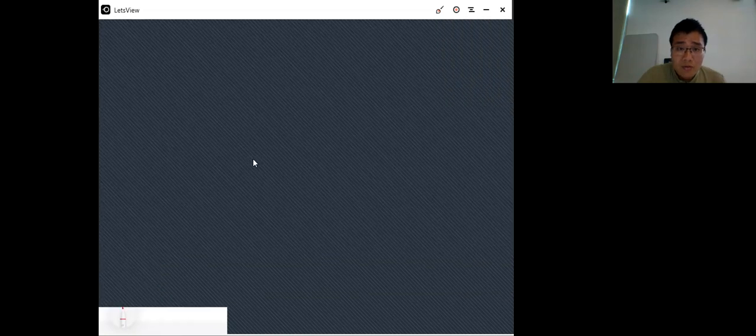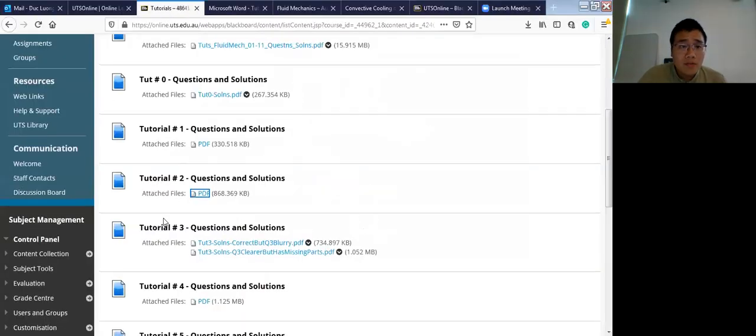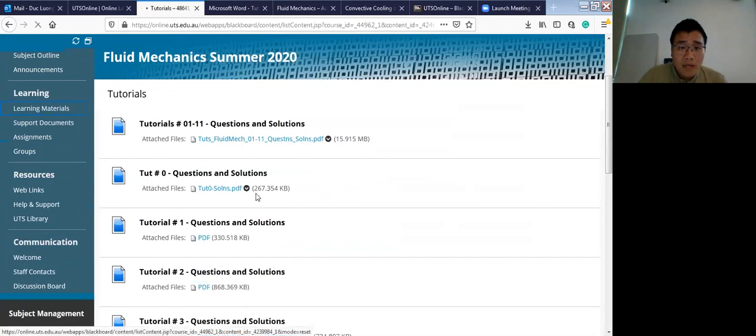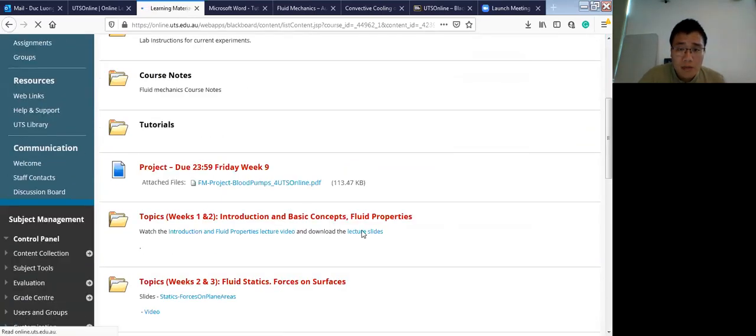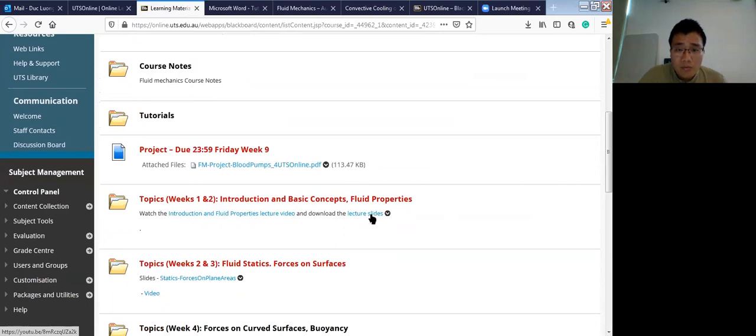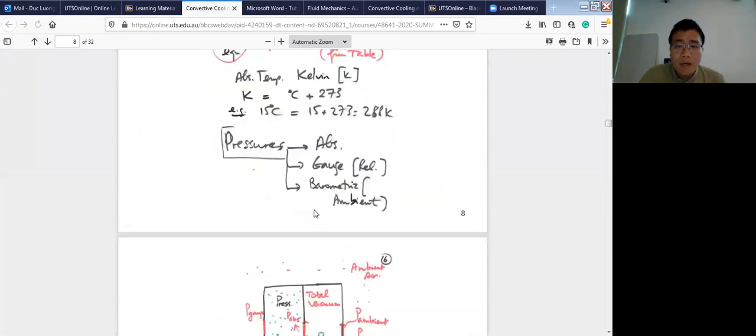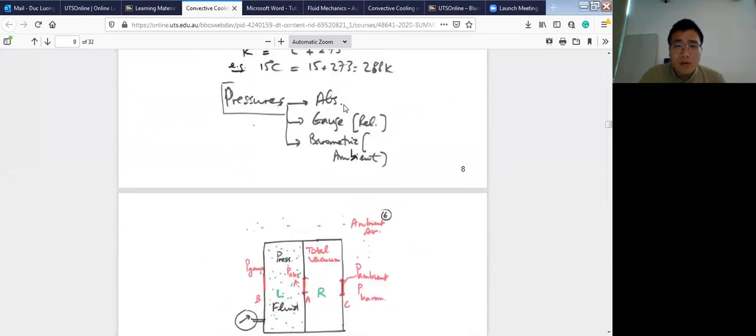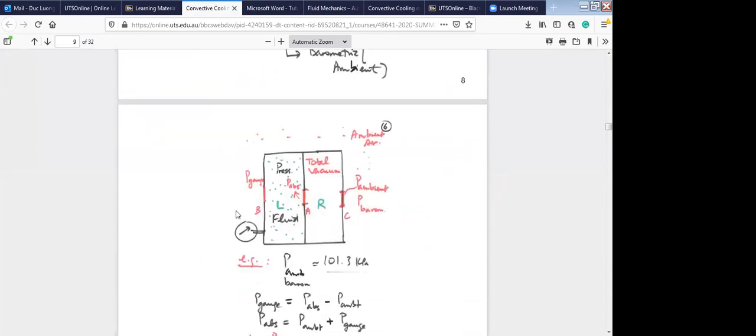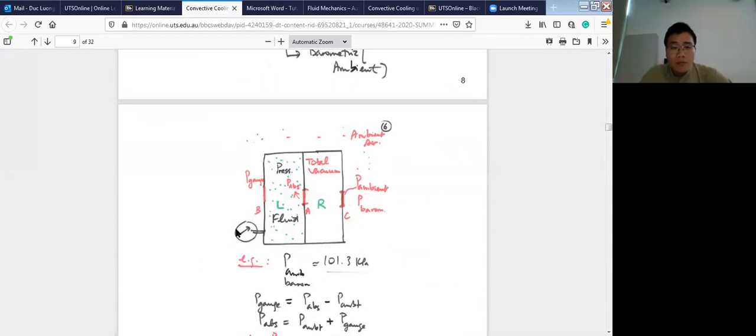I'll show you here to help you understand pressure more. You can have a look at the slide in lecture 1. We have absolute pressure, gauge pressure, and barometric or ambient pressure. Gauge pressure is from this pressure sensor here: the pressure difference between the absolute pressure of air inside this tank and ambient pressure.